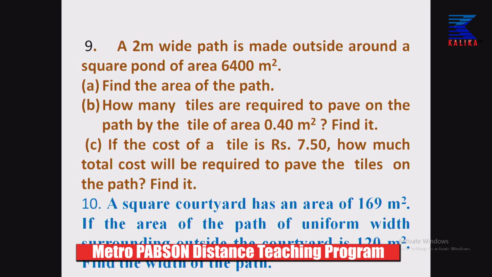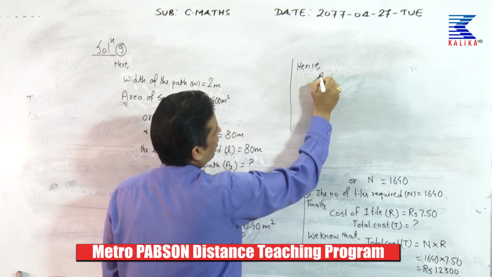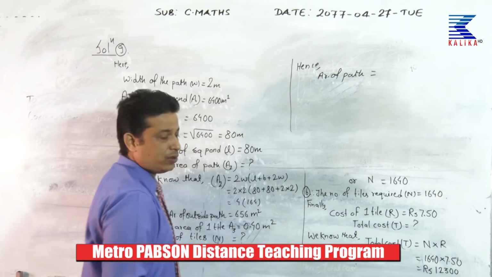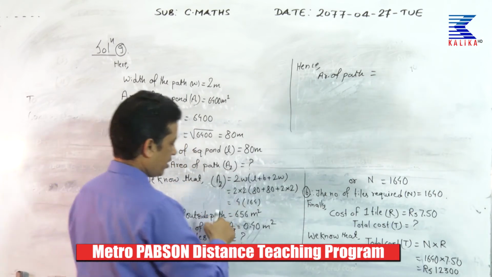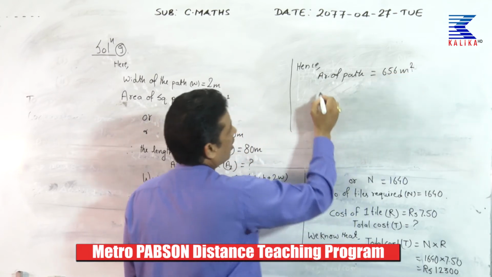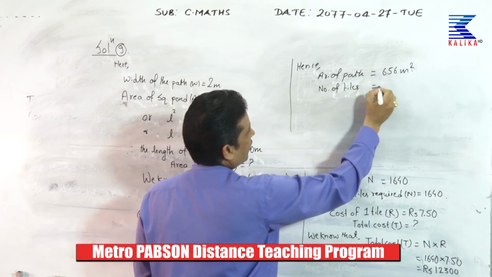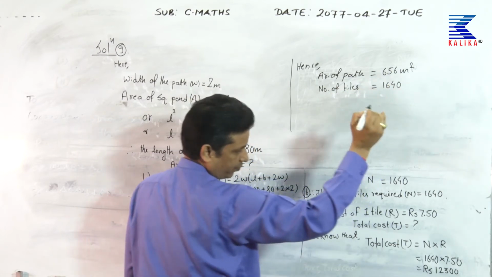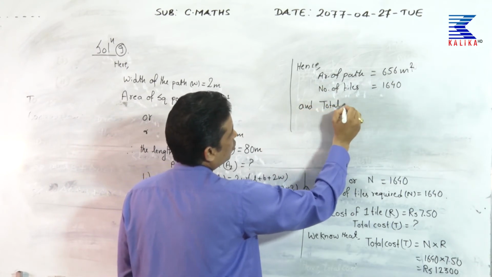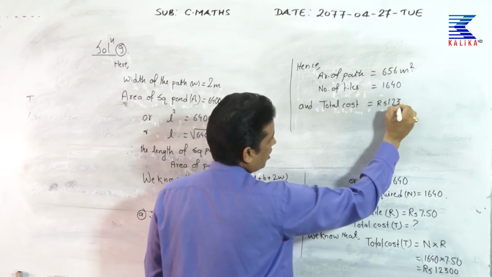So, you can see the conclusion, hence area of path is equal to 656 square meter, number of tiles is equal to 1640 and total cost is equal to 12300.